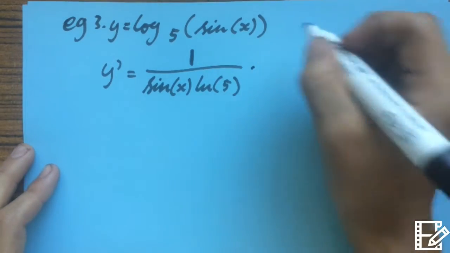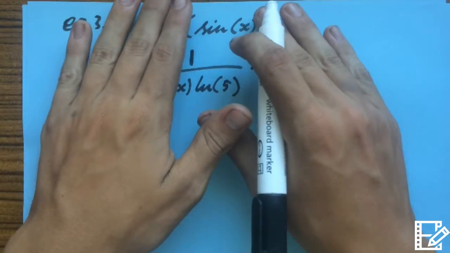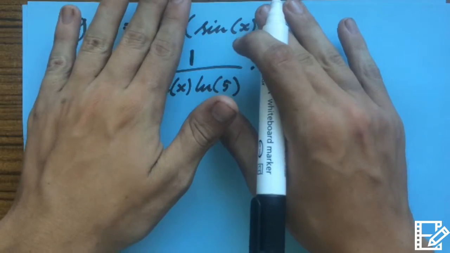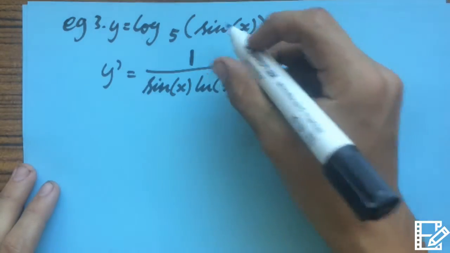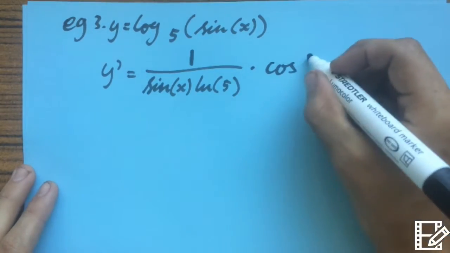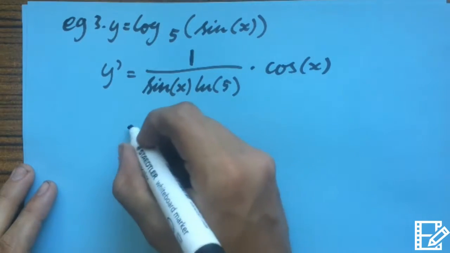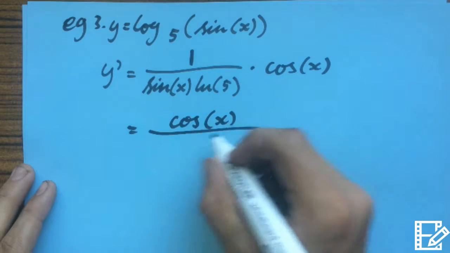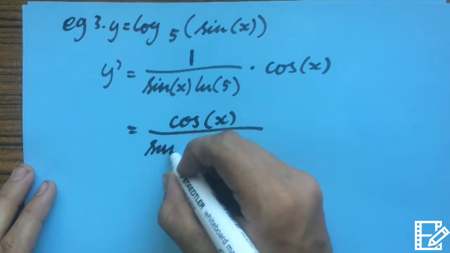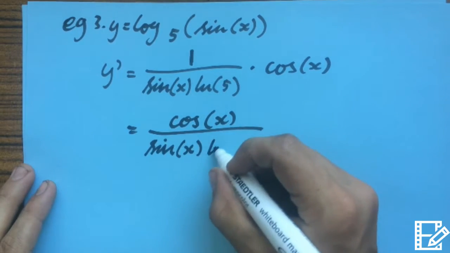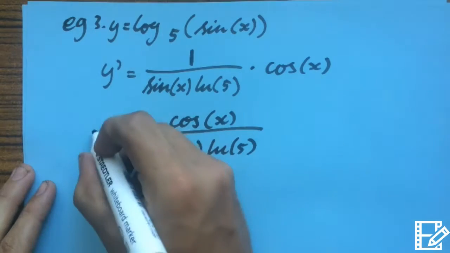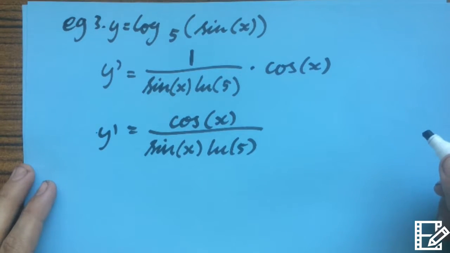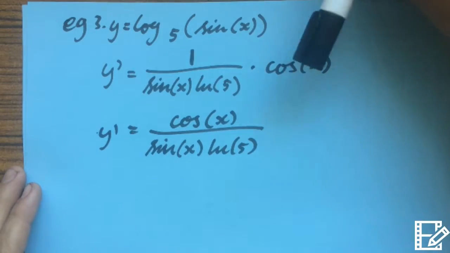And then you multiply that by the derivative of the second function, which would be cosine x. Rearrange that, you get cosine x over sine x ln 5. That's it. Very quick, very easy.